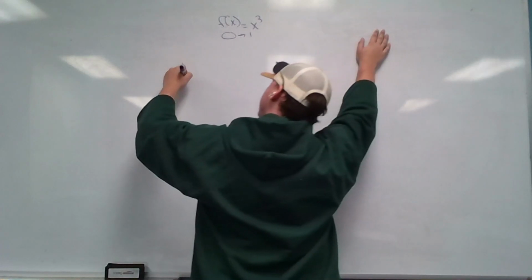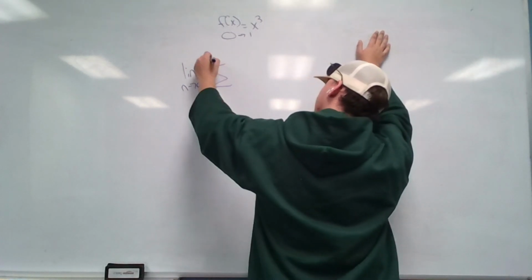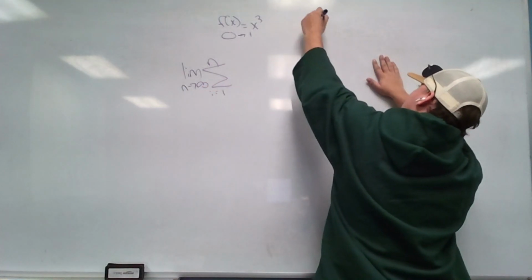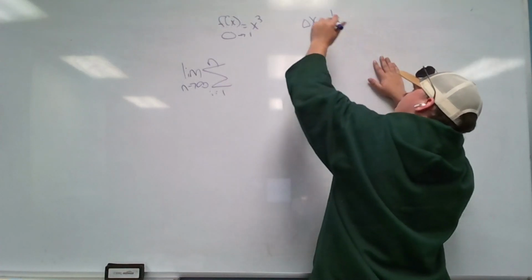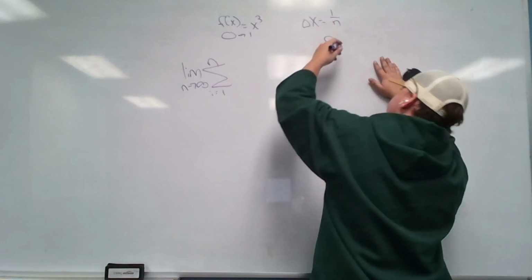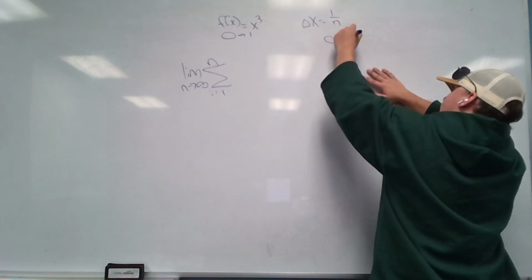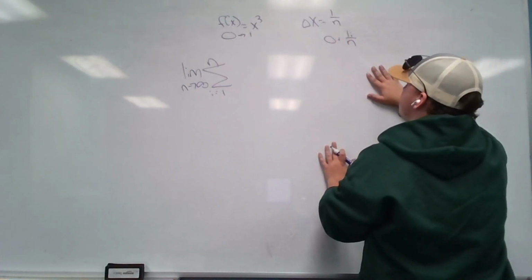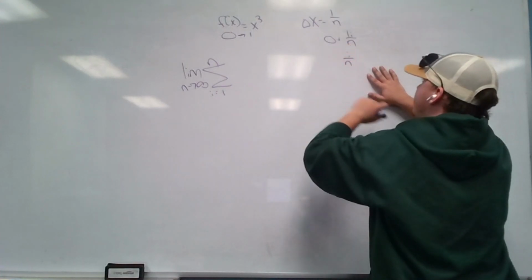So we know that we're going to start with the limit as n approaches infinity of the sum from i equals 1 to n, where the change in x is 1 over n, and our function is going to be, since we're starting at 0, 0 plus 1 times i over n, because x is changing by 1 over n times i, so it's just going to end up being i over n.